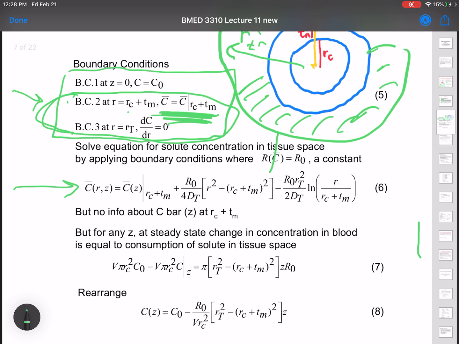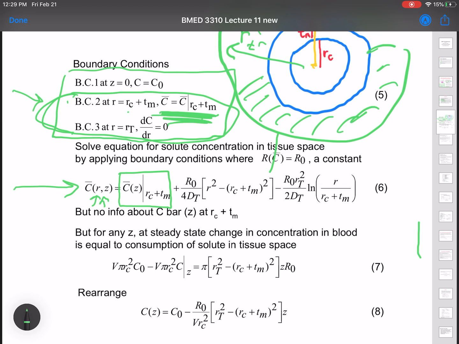And now she has this equation. It is a function of R because we integrated it and came up with R. But it's also a function of Z because of this term here, which is the concentration in the tissue right up next to the wall, outside of the capillary.